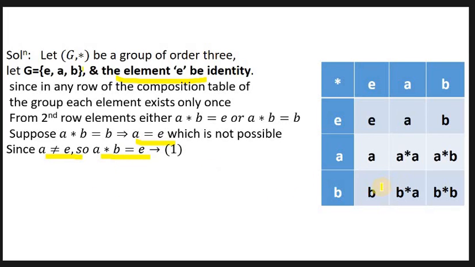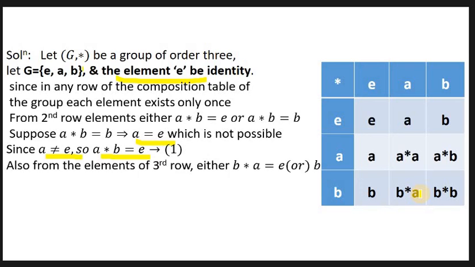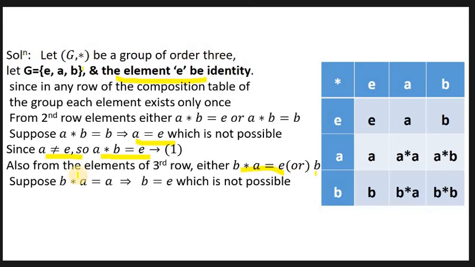Now also from the elements of the third row, B star A is equal to E or B. Let us take from the third row either B star A is equal to E or B. Now if B star A is equal to B, then let us see what we are getting here.